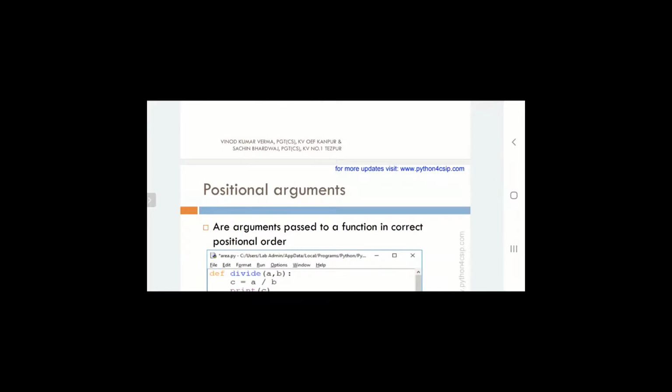If the function is returning multiple values, in which form will it return? Yes, in which form will the function return the multiple values? Tuple, sir. Tuple, very good. So it will be returned in the form of a tuple.